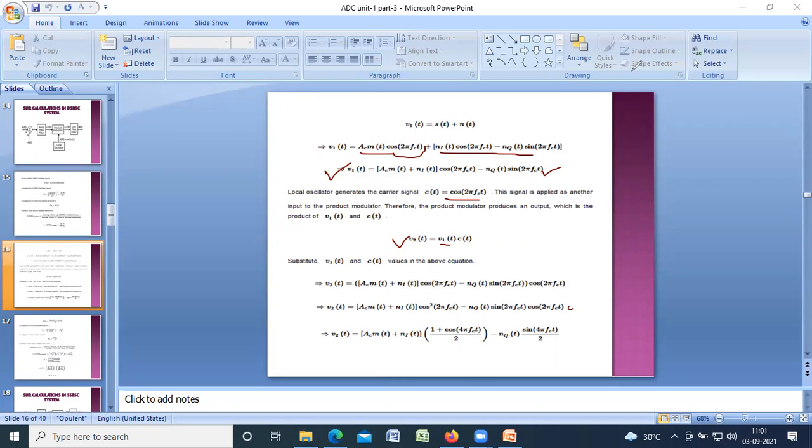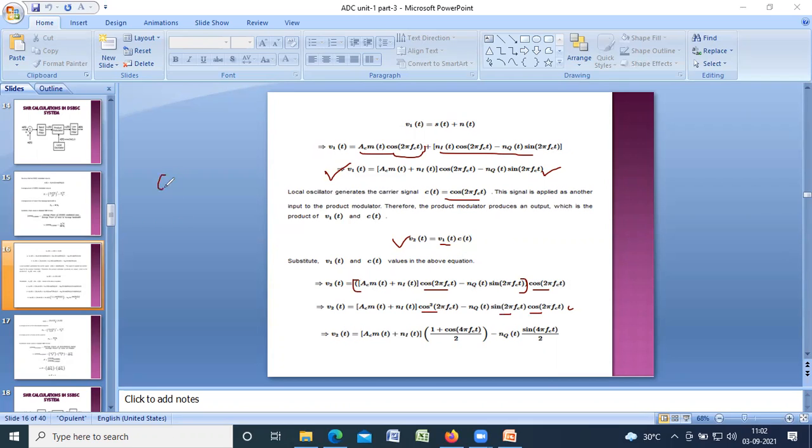Done, students? Yes, ma'am. Now see here, cos is multiplied with this whole term here. If you multiply with cos 2 pi fct, here cos square will come, and here sin and cos.